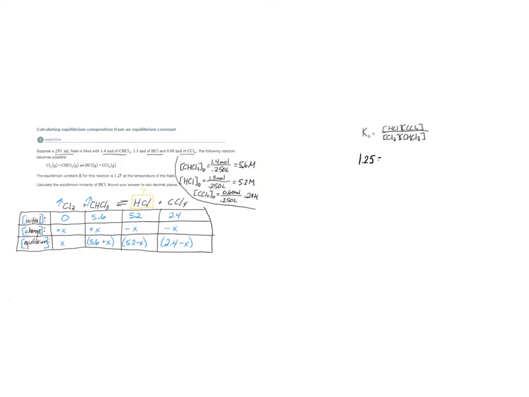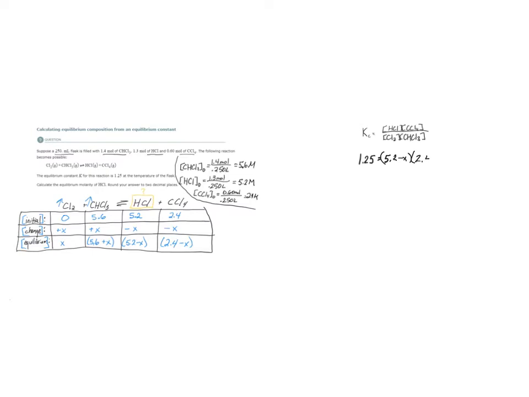1.25 is equal to, what is the concentration of HCl at equilibrium? Well, we wrote here that it is equal to 5.2 minus X, and this is going to be multiplied by what carbon tetrachloride is equal to at equilibrium.